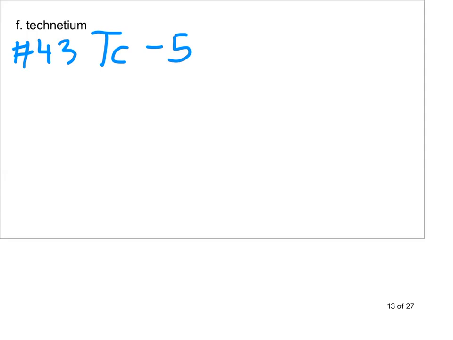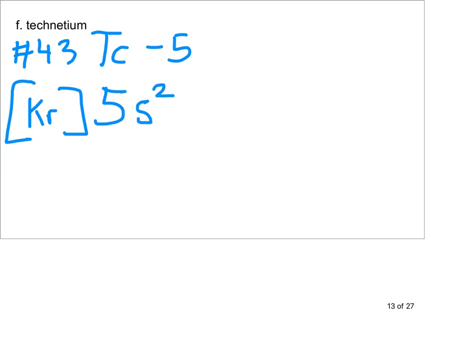Fifth energy level. So we go up and over, and we find krypton. And we got a 5s2. And then technetium's in the D block. D's are off by 1, so that'll be a 4d. And it's 1, 2, 3, 4, fifth element in there. 4d5.